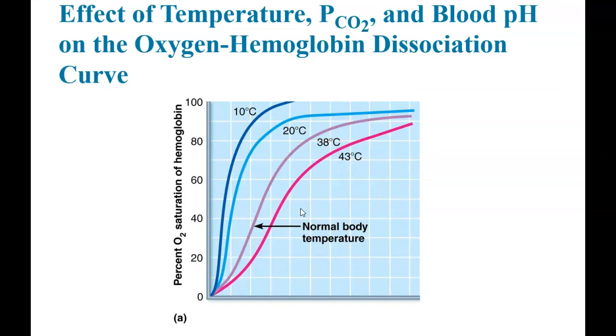Here you can see the temperature effects, the partial pressure of carbon dioxide, and the blood pH, and how they affect the oxygen-hemoglobin dissociation curve.